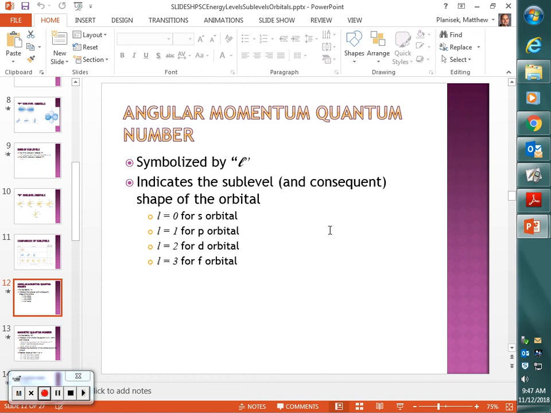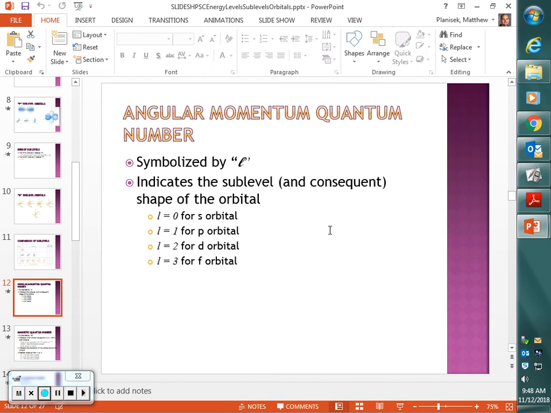And then finally we have f orbitals, which we didn't draw because there's too much going on there for us to actually draw them. So the angular momentum quantum number, lowercase letter l, we use that to represent the shape of the orbital.